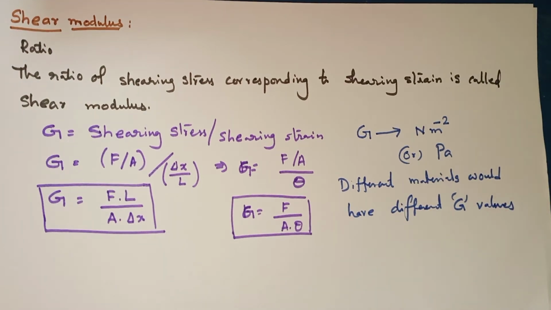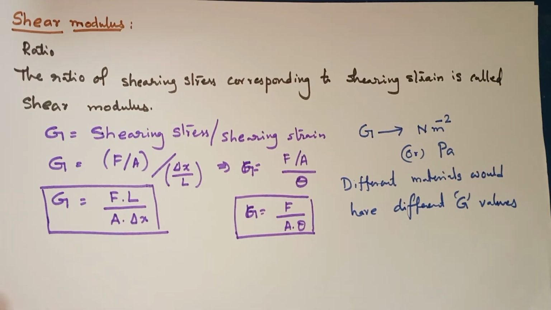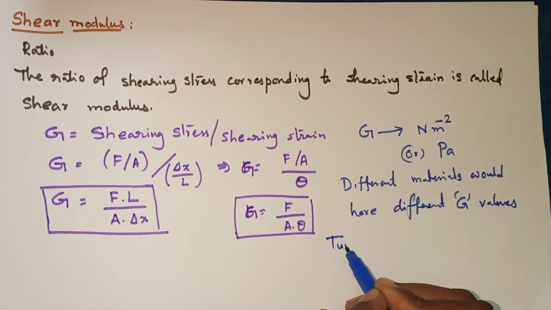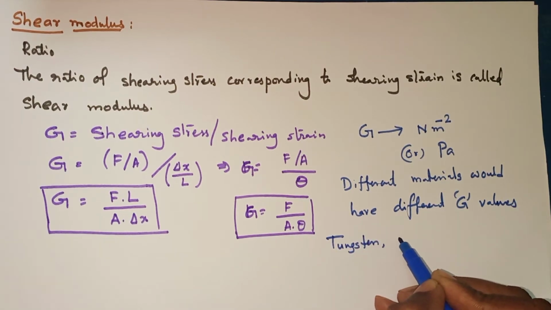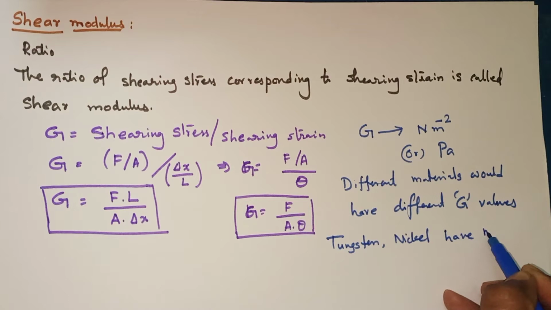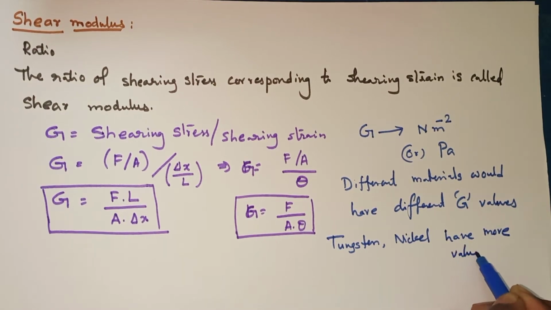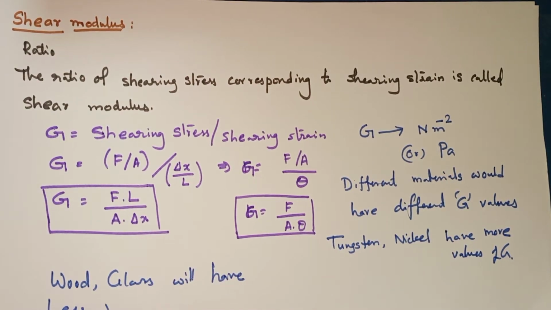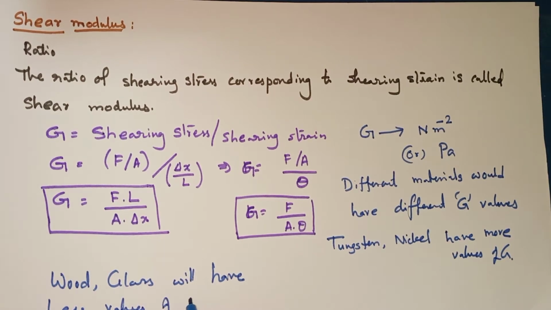Nickel and tungsten have more values of G. Wood and glass have less values of G.